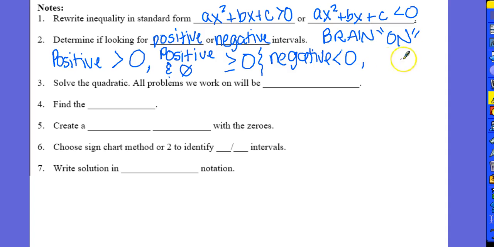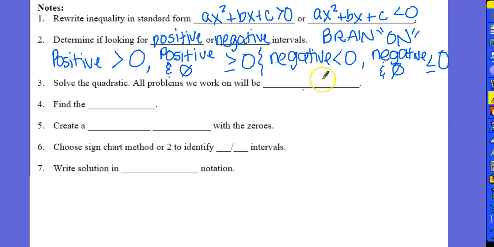And the last choice, of course, is negatives and 0, which would be less than or equal to 0. So those are our 4 situations that we will encounter when we're solving these quadratic inequalities. When it's a greater than, our focus is positive intervals. When it's a less than, our focus will be negative intervals.